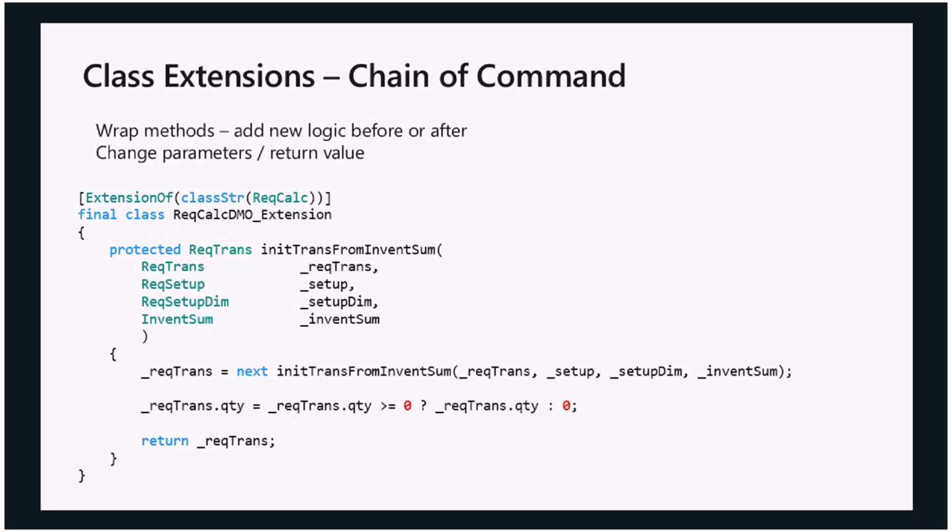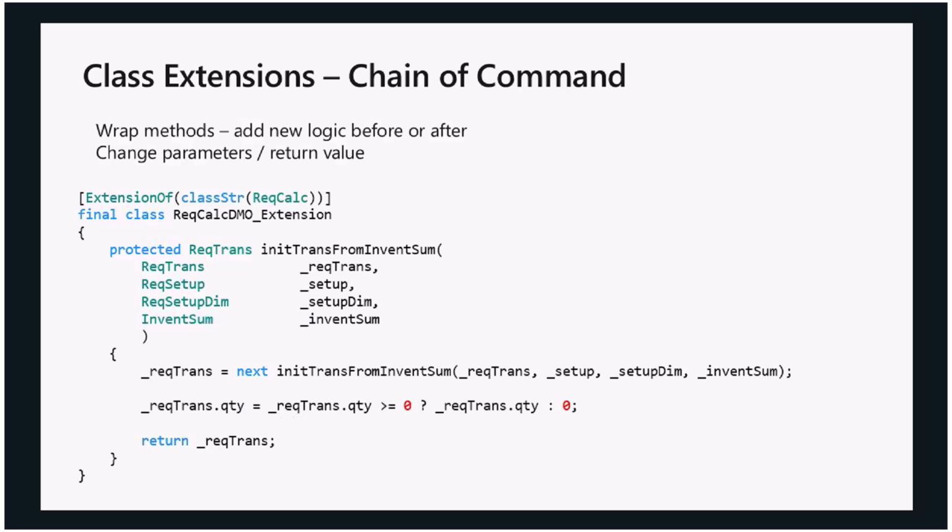So this that I'm showing you here is an example of a real use of chain of command. We wanted to be able to have MRP treat negative quantity as 0. This way, retail stores which have a negative inventory won't inadvertently order more stock than necessary. So the best way to solve this was with this very simple chain of command around the recalcInitTransFromInventSum method.